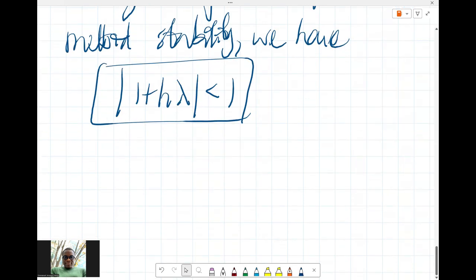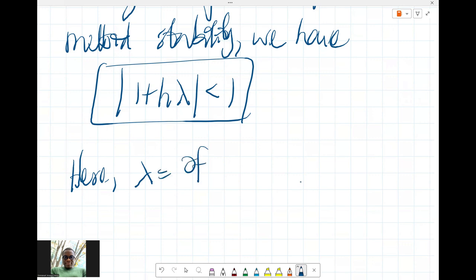Okay. So here, lambda is equal to partial f, partial y.